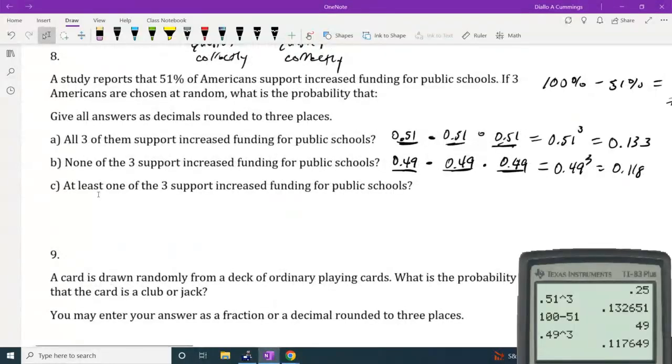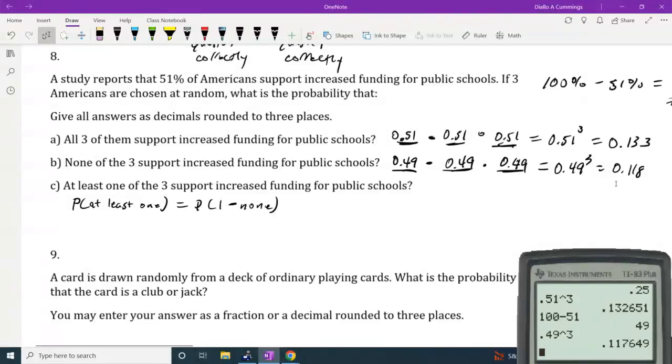Now for C, this is the probability of at least 1. Whenever you see the probability of at least 1, that's equal to 1 minus the probability of none.